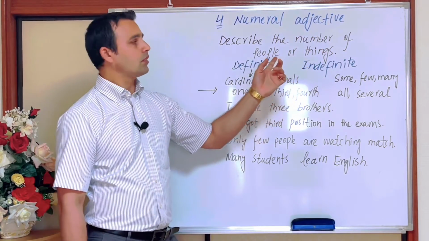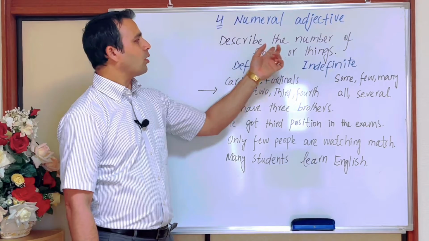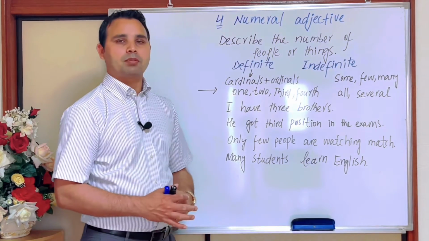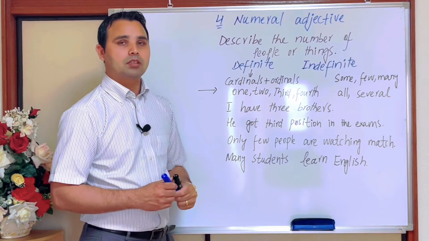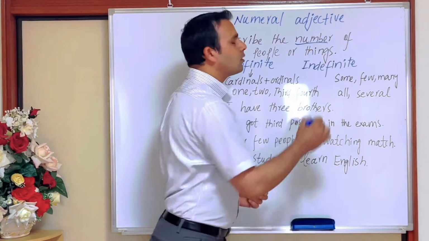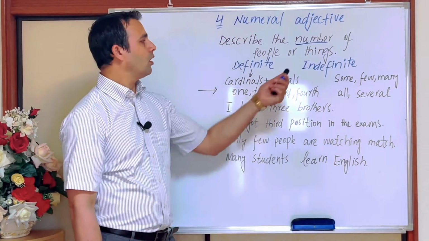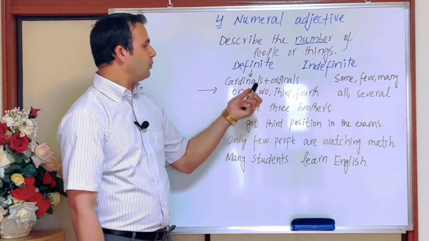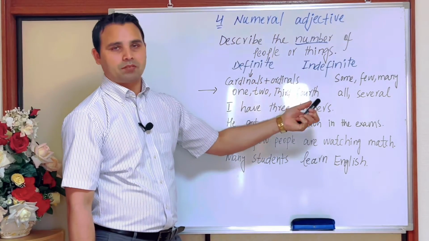The definition is they describe the number of people or things. The number of people or things. The number can be definite or indefinite.